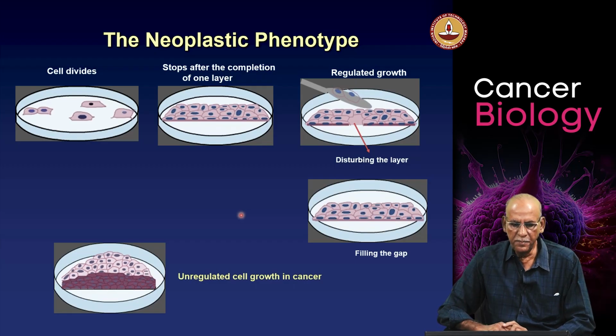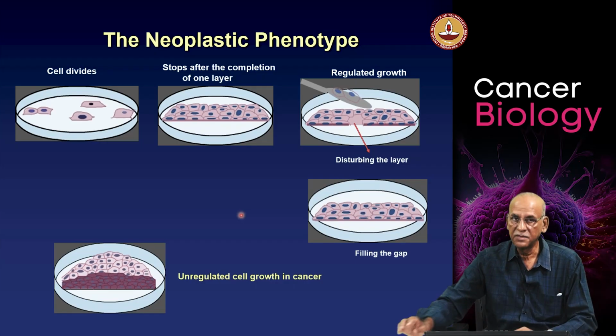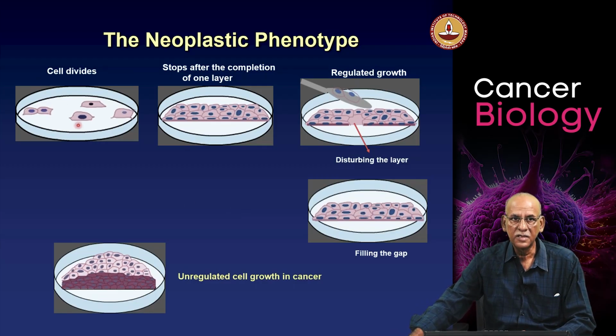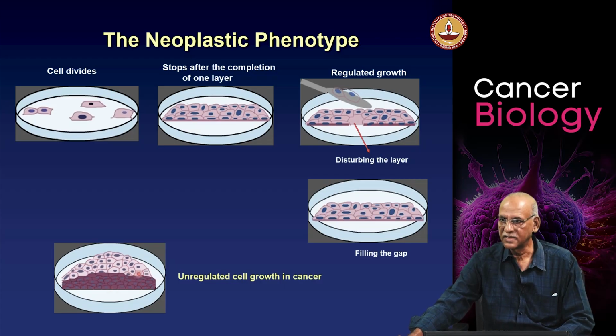Now, normally a cell divides. Let us imagine we have put some cells into a petri dish. They start dividing and form a layer. One by one they get attached, and there is regulated growth happening. Now, if you disturb the layer and take out some cells, the cells will still grow one over the top of the other if they are cancer cells.